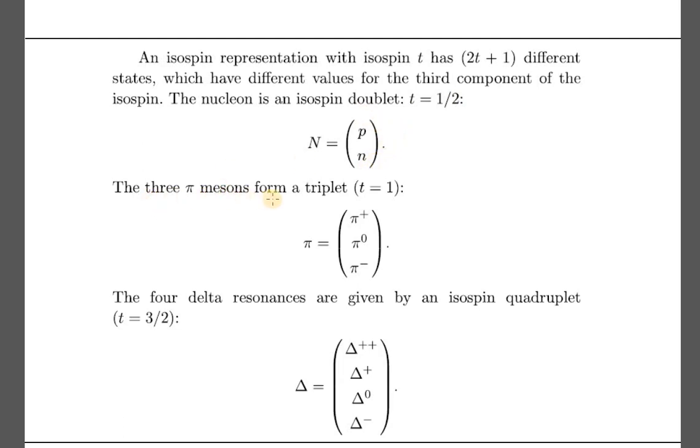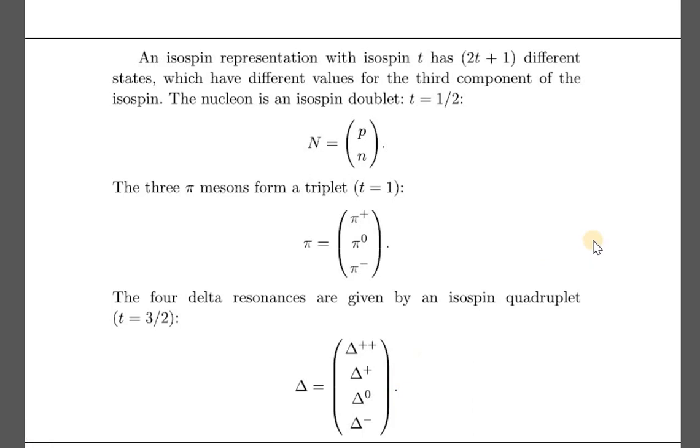Similarly, the 3 pi mesons form a triplet, T equal to 1, with Tz equal to 0, plus 1 and minus 1. And we can similarly move forward to the case of delta resonances, which form an isospin quadruplet, T equal to 3 by 2. And so, Tz components will be plus 3 by 2, plus half, minus half, and minus 3 by 2.